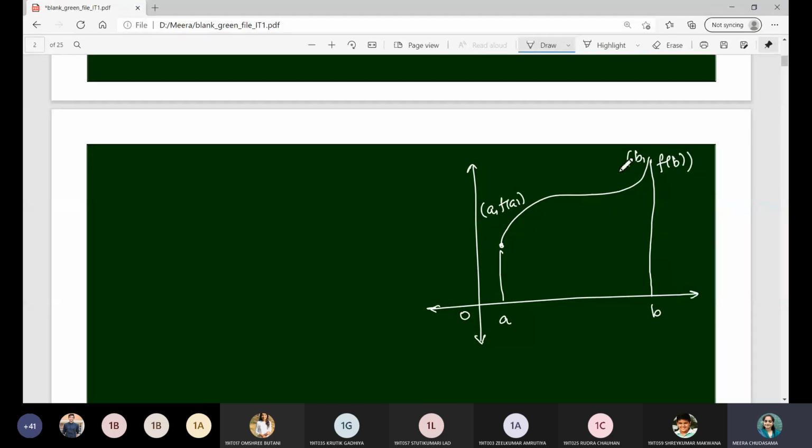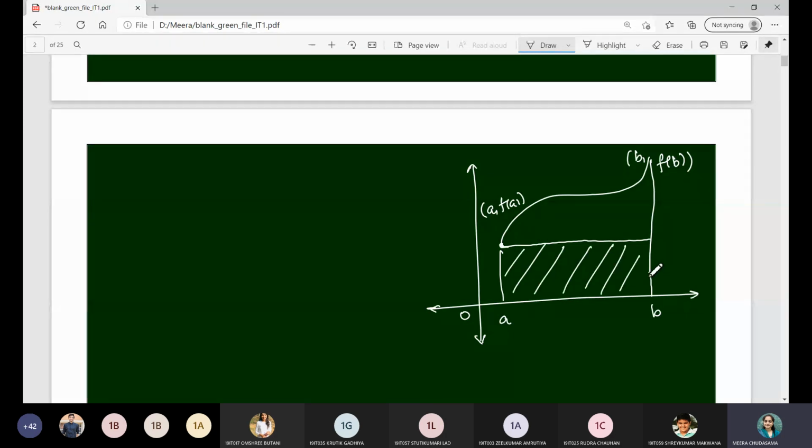So what is this rectangle method? That is what we saw in the initial stage: you consider the lowest value of the function and the corresponding function value. This is the rectangle, and the area under the curve will be approximated by this rectangle, right?